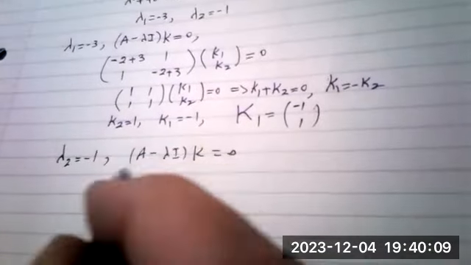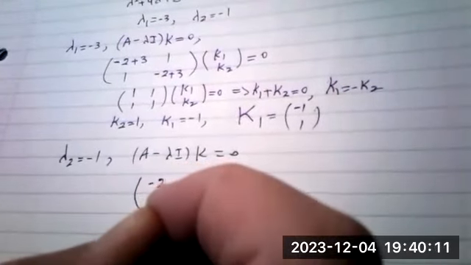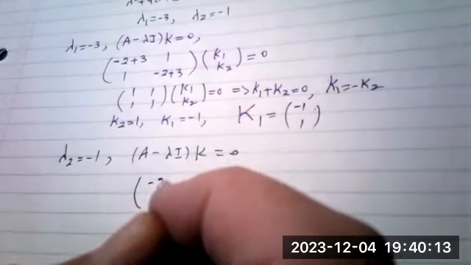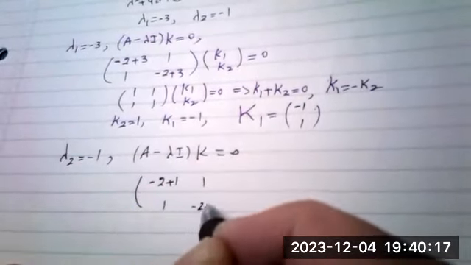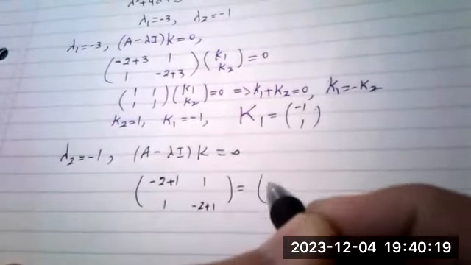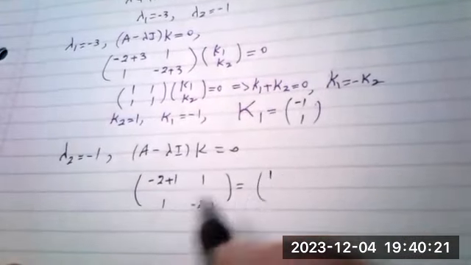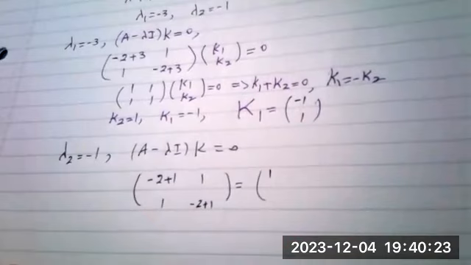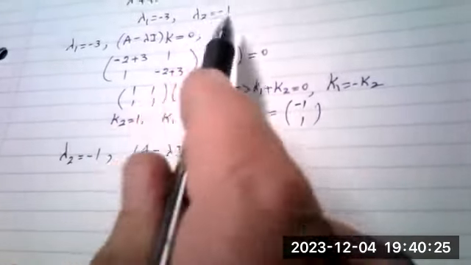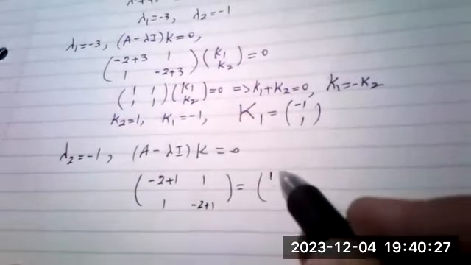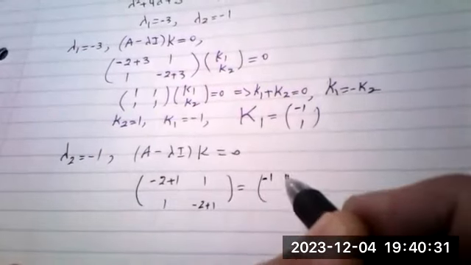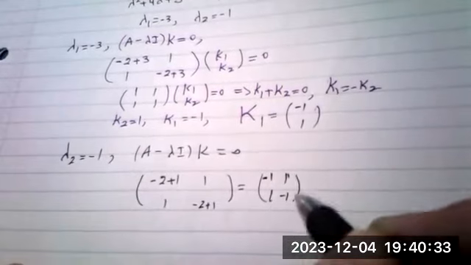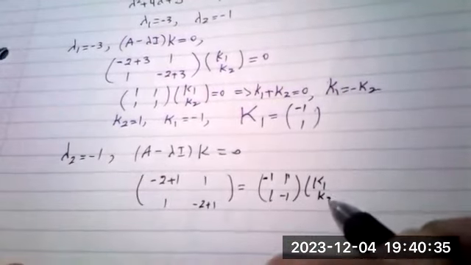So the resulting matrix is going to be -2 plus 1, 1, 1, -2 plus 1. So we get the same thing over here, it's -1. It's going to be -1, 1, 1, -1 times k1 and k2.